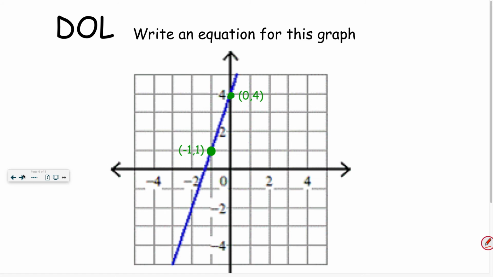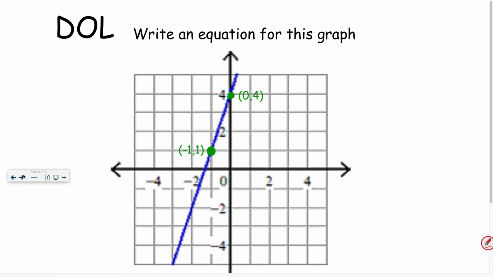Okay, so our DOL today is write an equation for this graph. Think about the form that you need to write an equation, and think about the 2 things that you need to plug into that form.